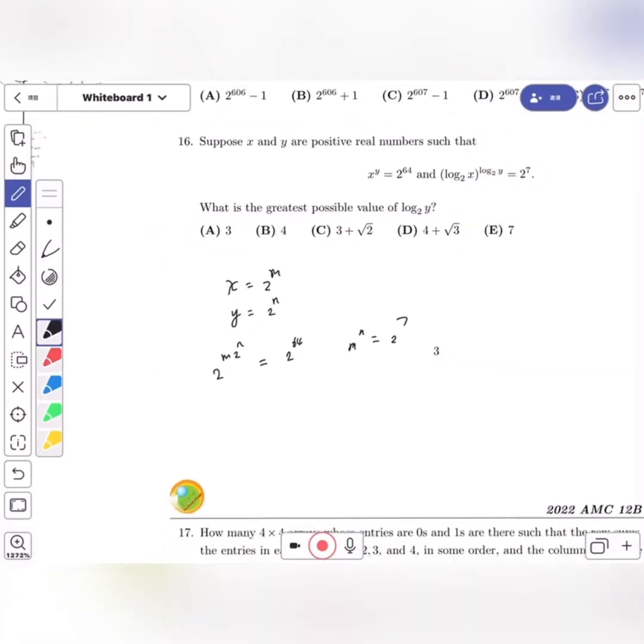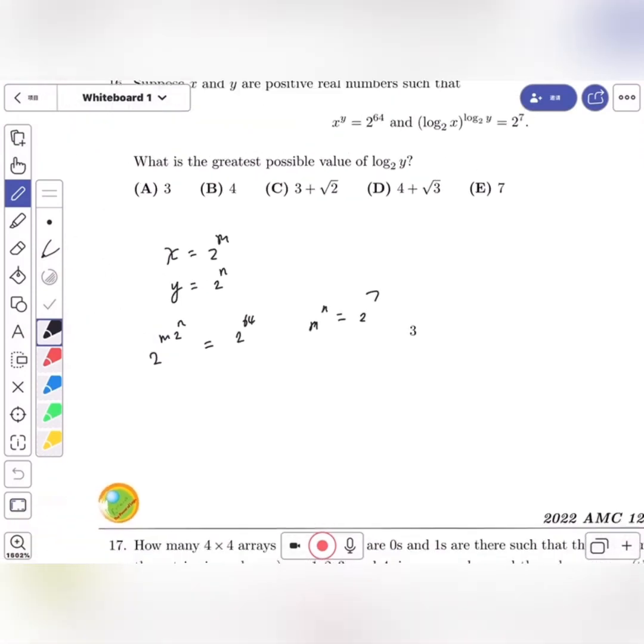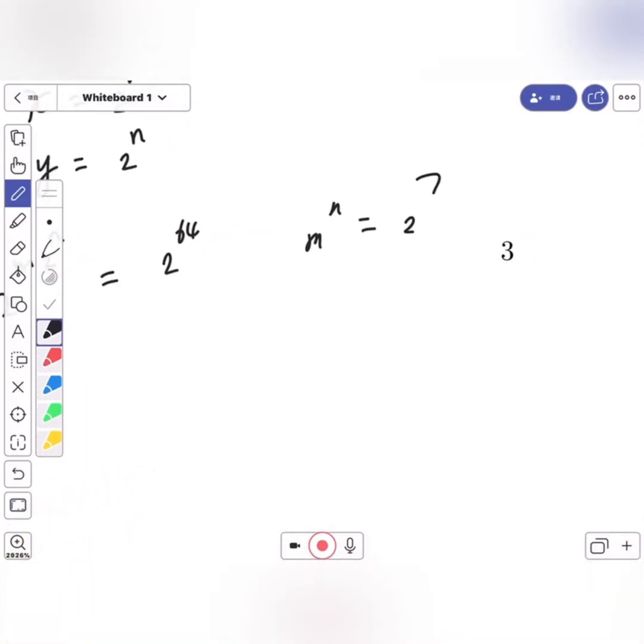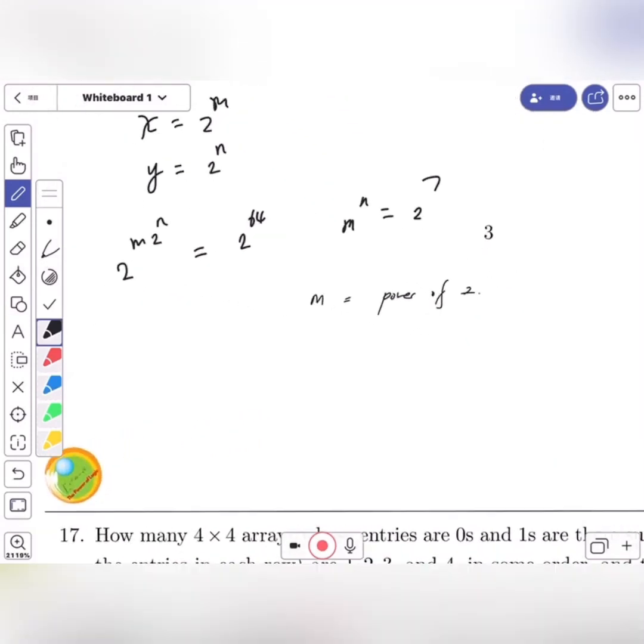Then we see that because m to the n is equal to 2 to the 7, and m times 2 to the n is equal to 64, so m must be a power of 2. So m is a power of 2.